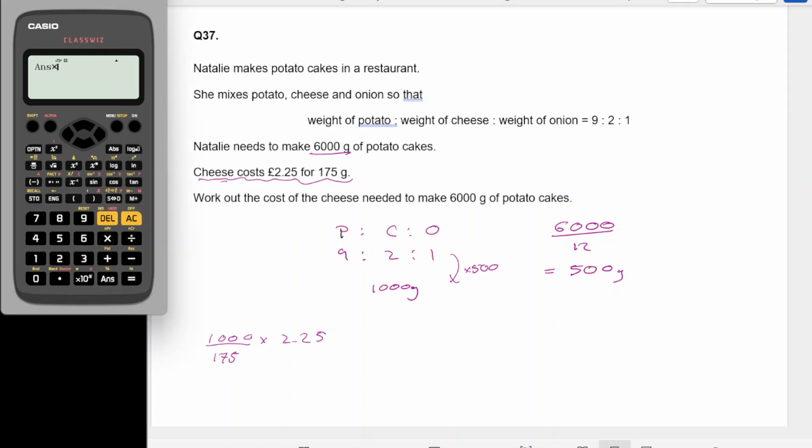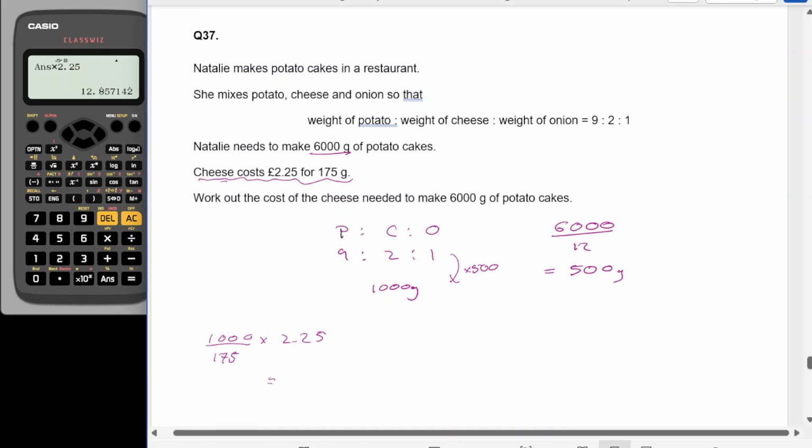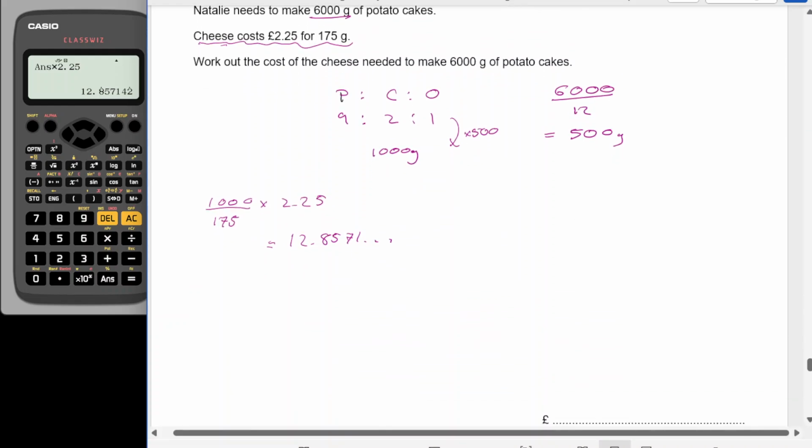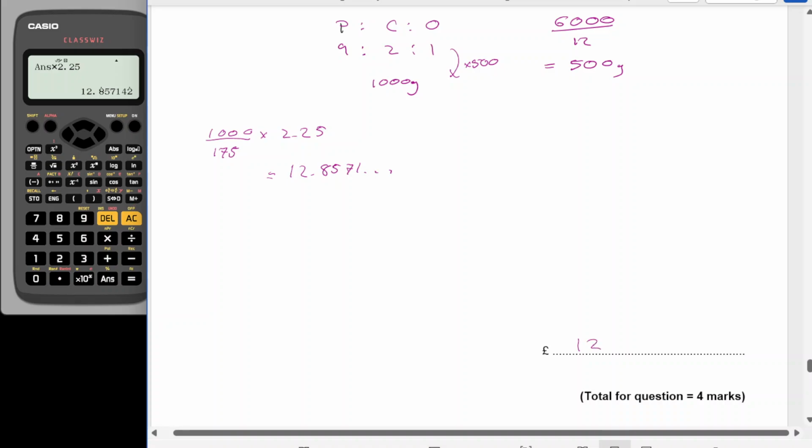So 1000 divided by 175 is how many blocks she would need. But we've got a decimal, and we're going to assume that she can buy it in any weight. So the cost is going to be 12.8571... So it's going to cost her £12.86.